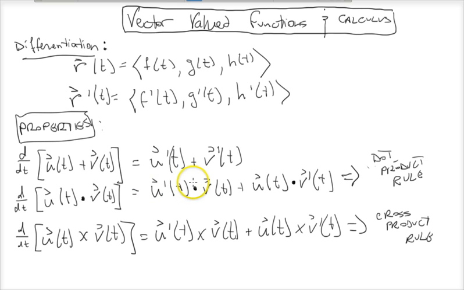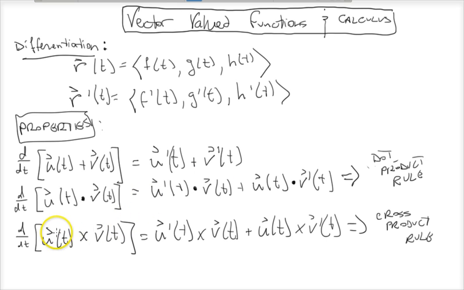So we take the derivative of the first vector-valued function dotted with the second one, and we leave the second one alone, and then add to that the first vector-valued function left alone, dotted with the derivative of the second vector-valued function. So really we just replace a normal multiplication sign with the dot product, between two vector-valued functions.